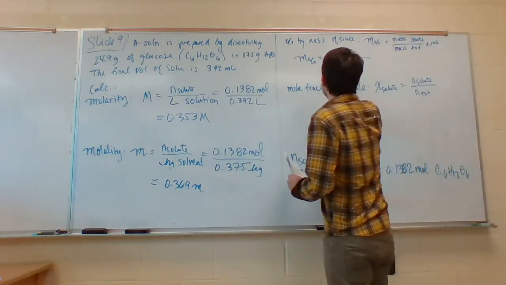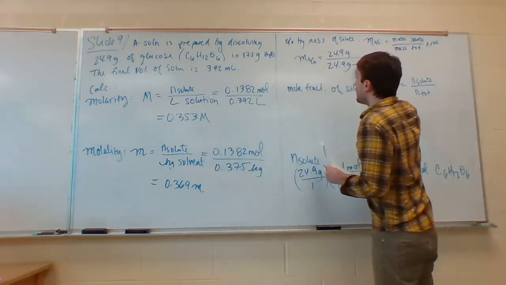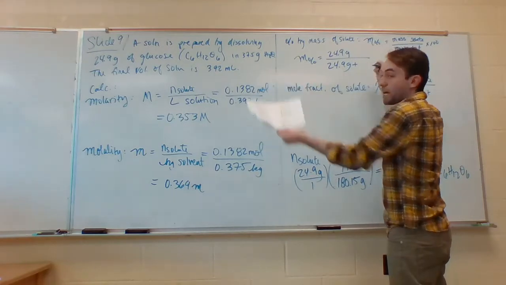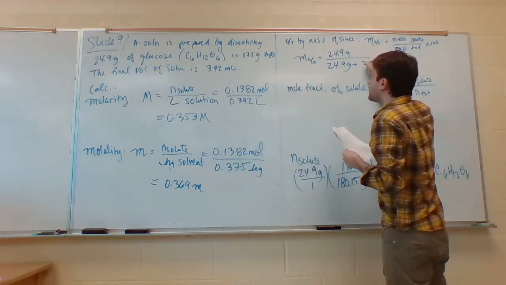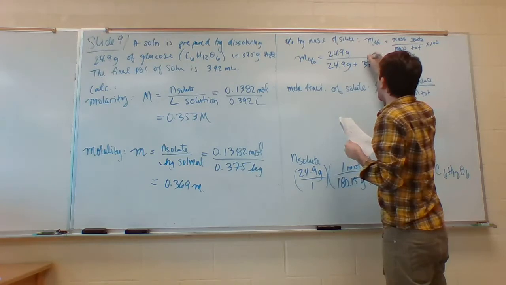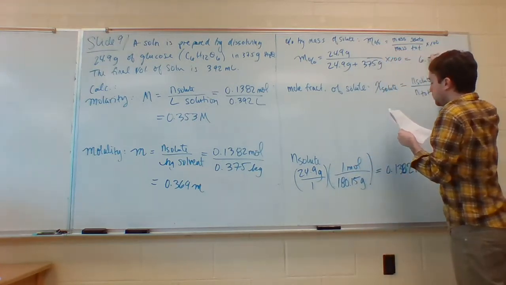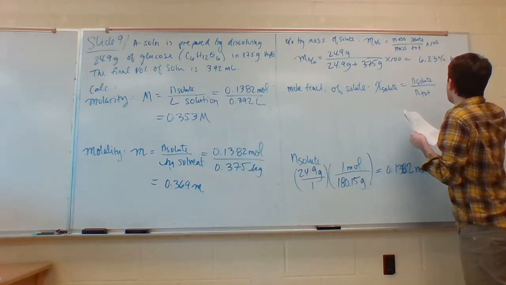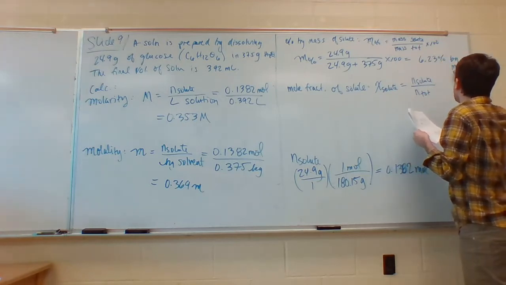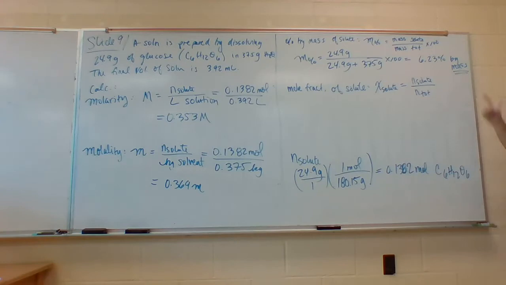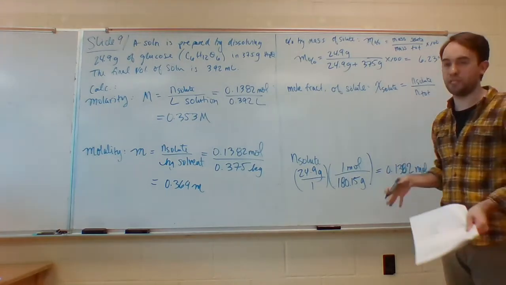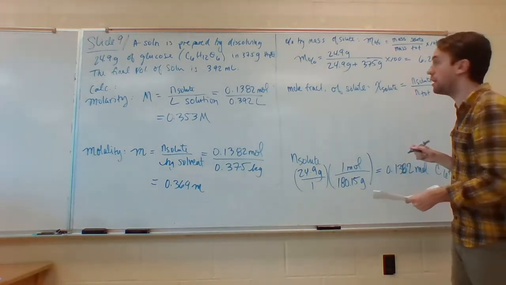So I'm going to take 24.9 grams plus, and since this is also in grams, I can add them together. So that's 375 grams. I'm going to multiply that by 100 to get 6.23% by mass. Again, don't forget to have the percent by mass because you could also have a percent by volume and they will be different numbers.